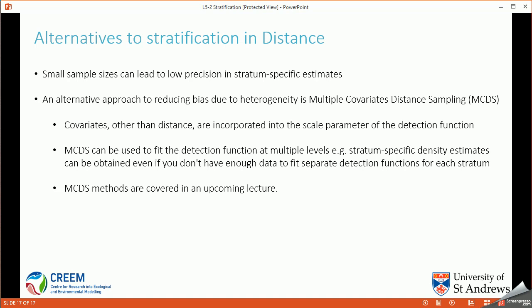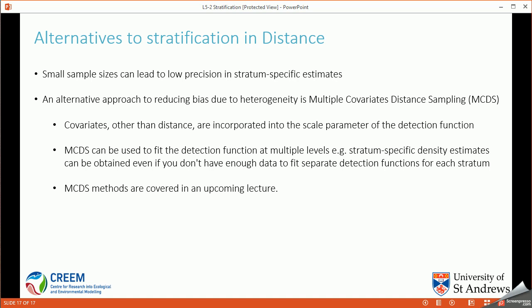Okay. What are the alternatives to stratification in Distance? Well, you need to be a bit worried about stratification if, when you cut your survey region into strata, you find that some of the strata have small sample sizes.